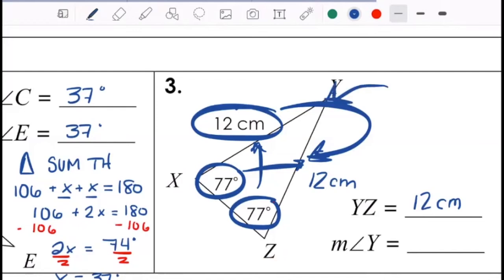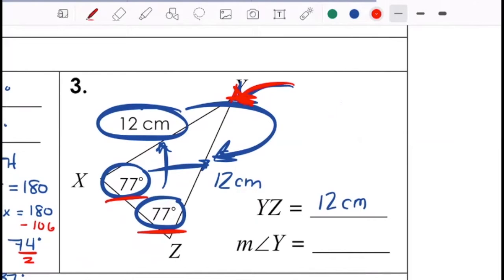Okay, now that we can do that, let's try to find our missing vertex angle up here. Let's go a different color. So we want to find angle Y. Remember, triangle sum theorem. The measure of angle Y plus 77 plus 77 equals 180.